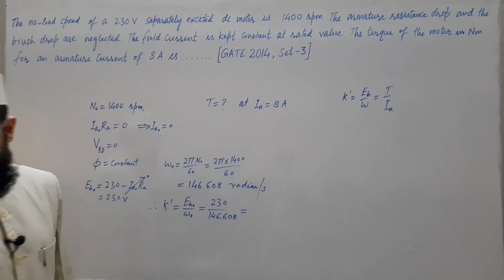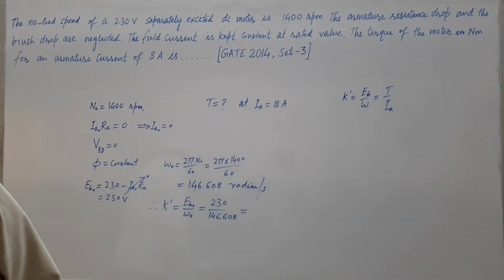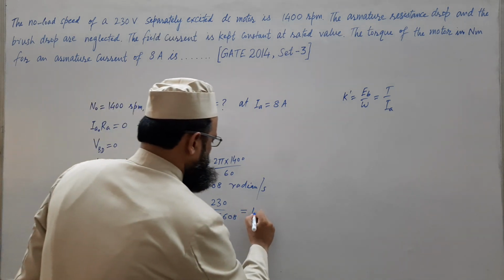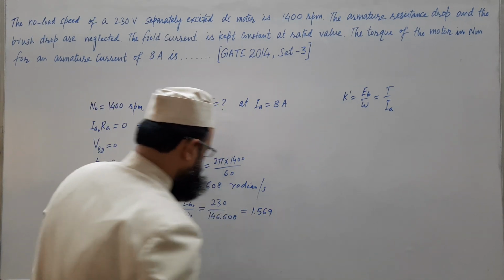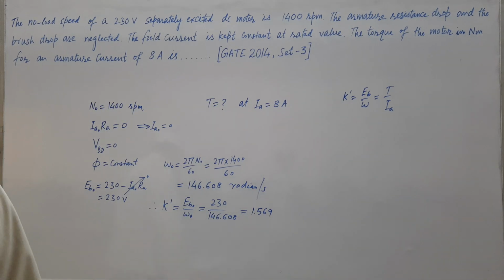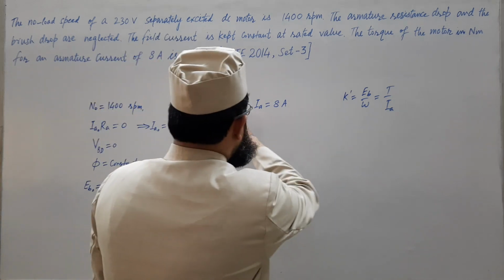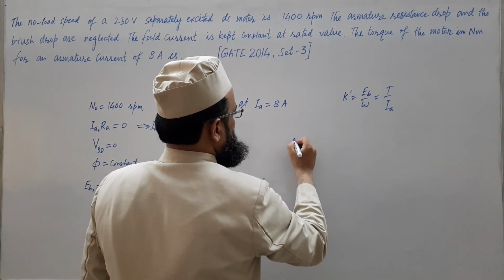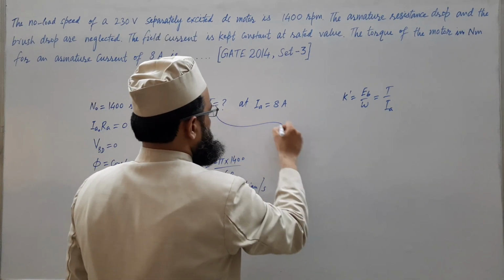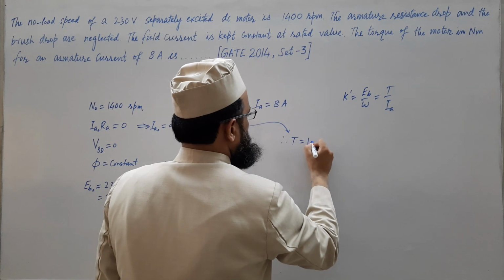So this gives the value of K dash as 230 by 146.608, which is 1.569.